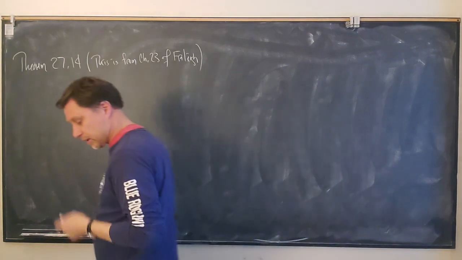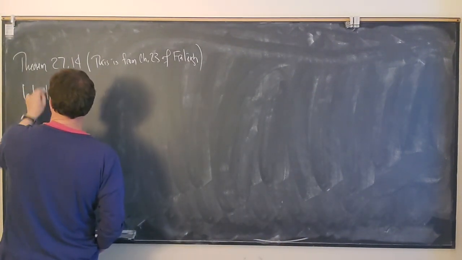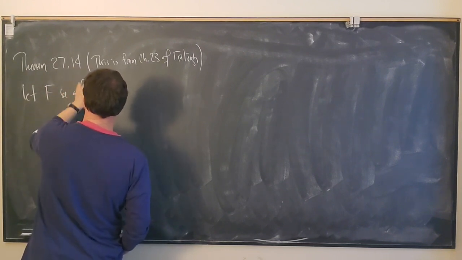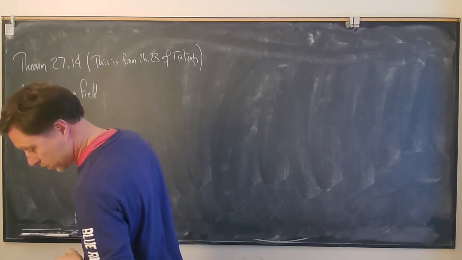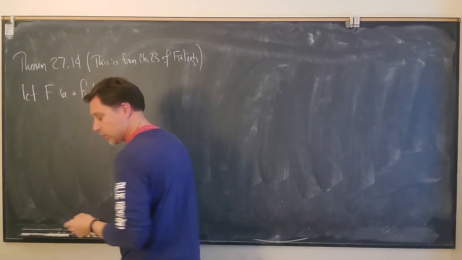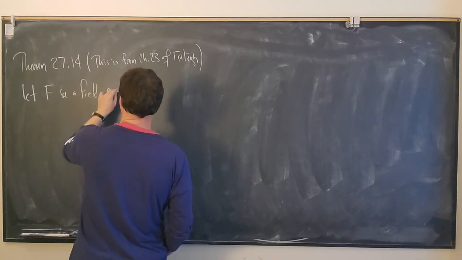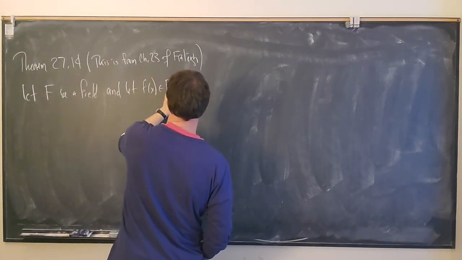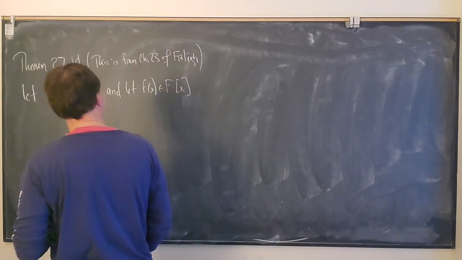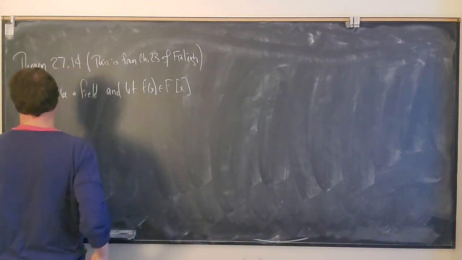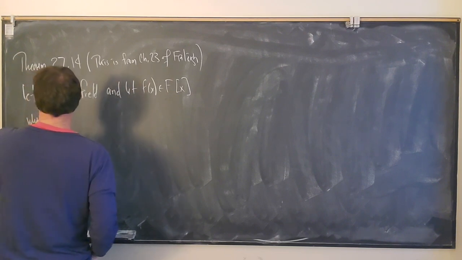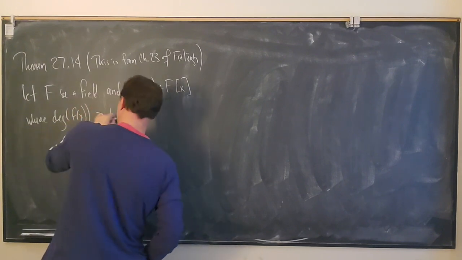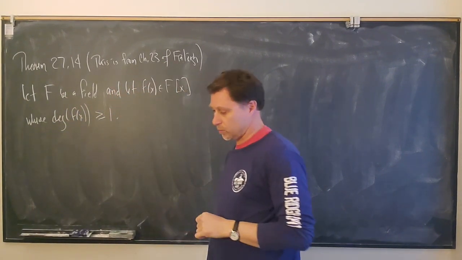So it goes like this, and it's kind of a mouthful to state. Let F be a field, and then we need a non-constant polynomial. So let f of x be a polynomial with coefficients in F, where the degree of f of x is greater than or equal to 1, right? So we want it to not be a constant polynomial.